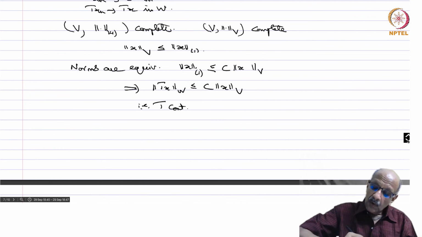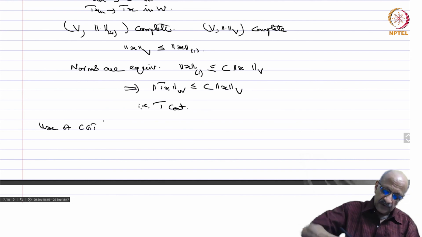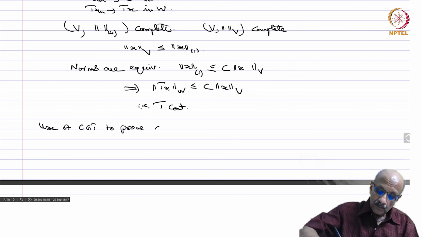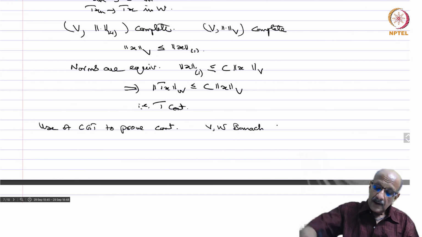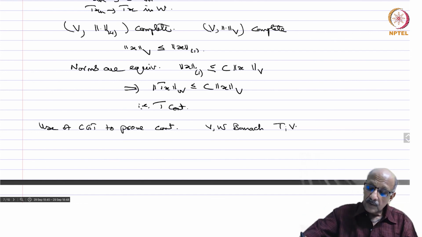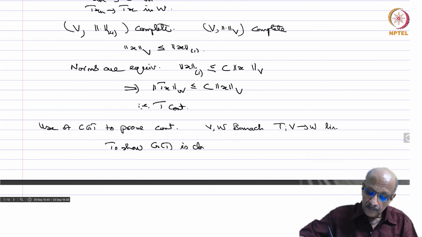So this is one more way of showing that the mapping is continuous. Okay, so how is this used? So use of CGT, closed graph theorem, to prove continuity. So V, W Banach and T from V to W linear. So to show GT is closed, this is what we have to do.